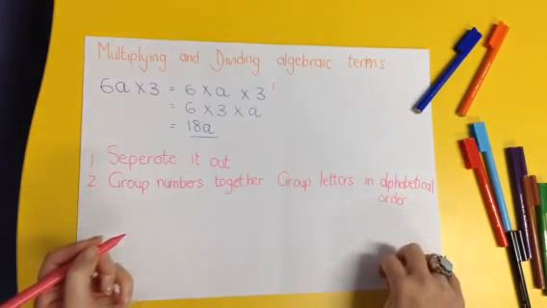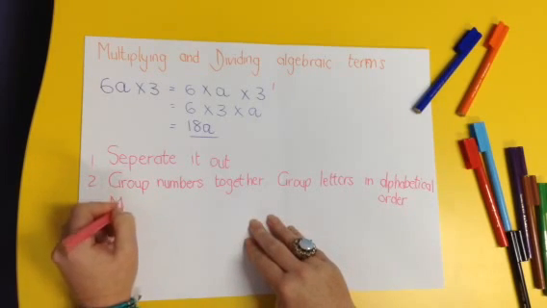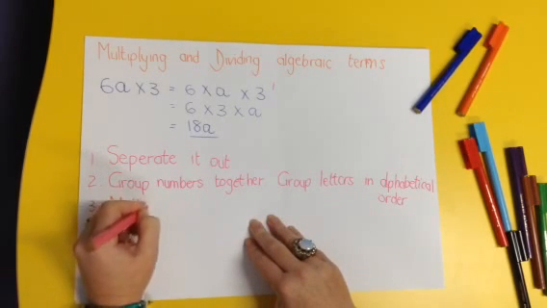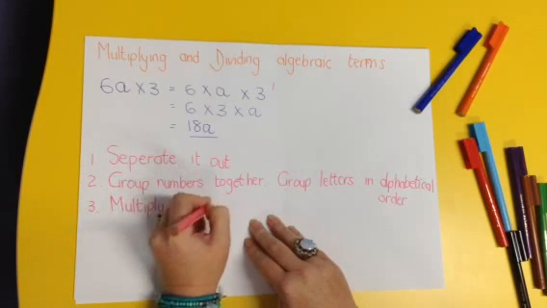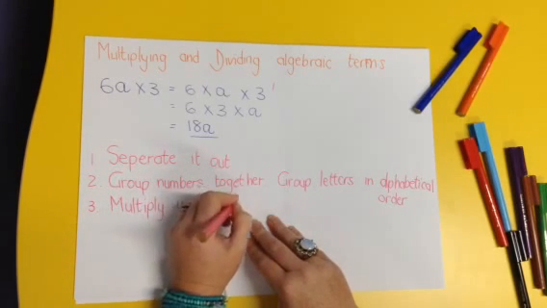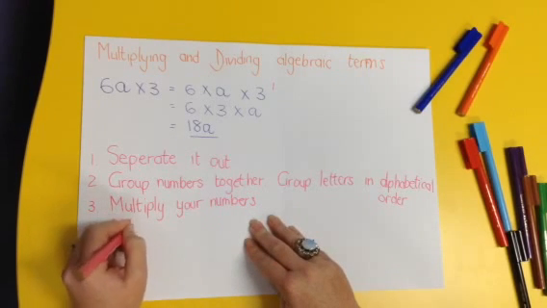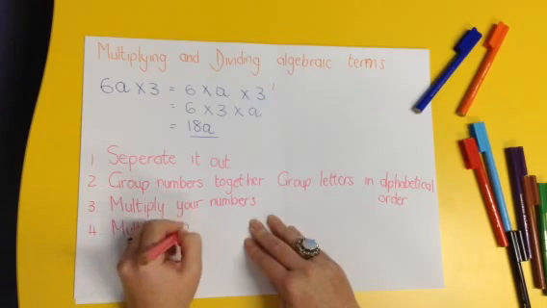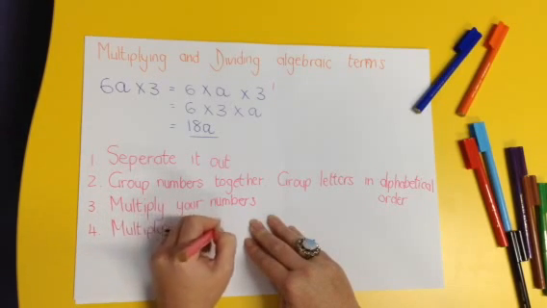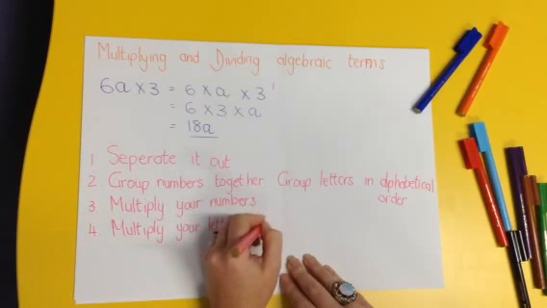Okay, and then 3 would be multiply your numbers. And 4 would be multiply your letters and make sure that the answer is alphabetical, okay?